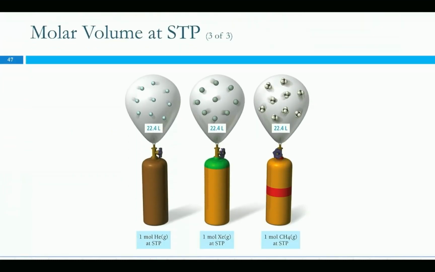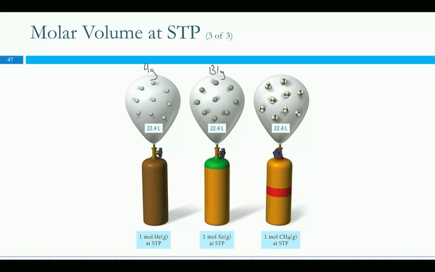So like here, some other ones: helium, they're all 22.4 liters. They would have different masses though, depending on their molar mass. So 1 mole of helium would be about 4 grams. 1 mole of xenon is heavy. Xenon is 131, so it's about 131 grams.